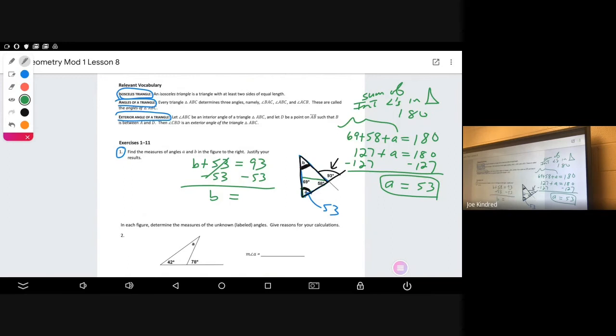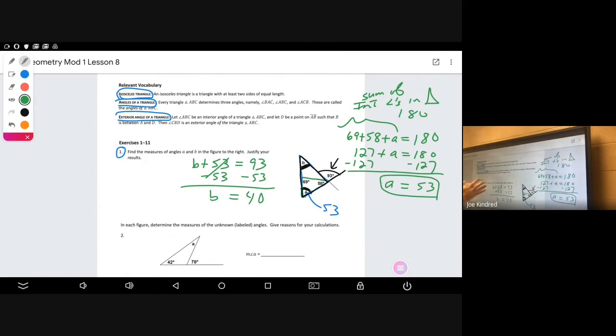So that gives you a chance to look at two examples. Oops, sorry about that, I forgot to write that. Two examples of using our relationships that we've learned to solve for missing angles.